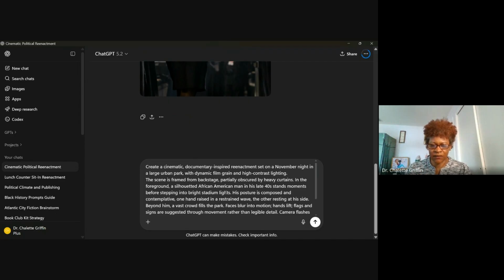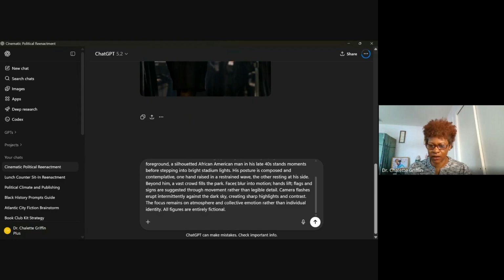Beyond him, a vast crowd fills the park. Faces blurred into motion, hands lift, flags and signs are suggested through movement rather than legible detail. Camera flashes erupt intermittently against the dark sky, creating sharp highlights and contrast. The focus remains on atmosphere and collective movement, collective emotion rather than individual identity.